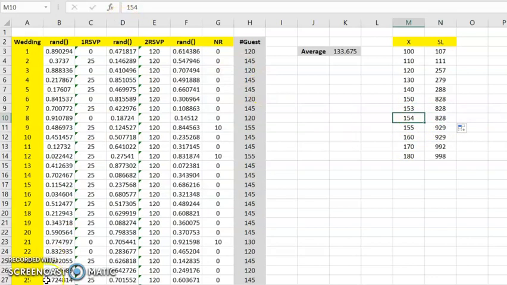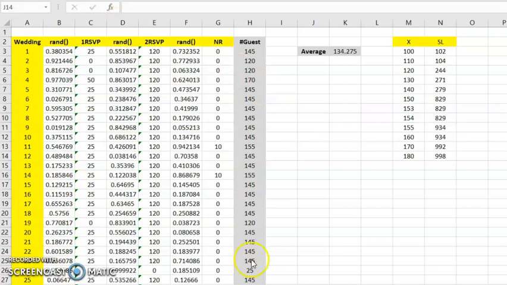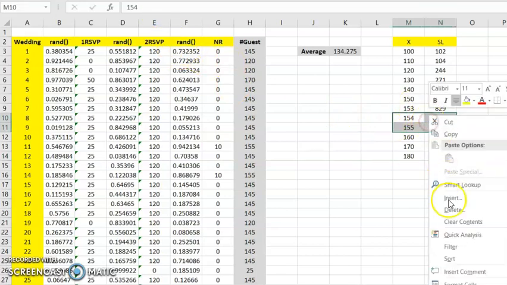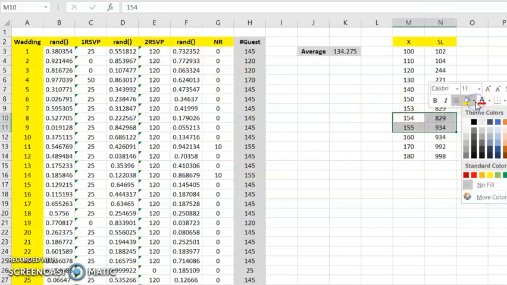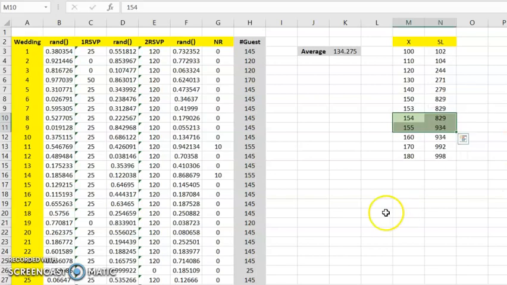Now, when we check the area here, we notice that we have this part that covers that 90% area. So I'm gonna make it green.